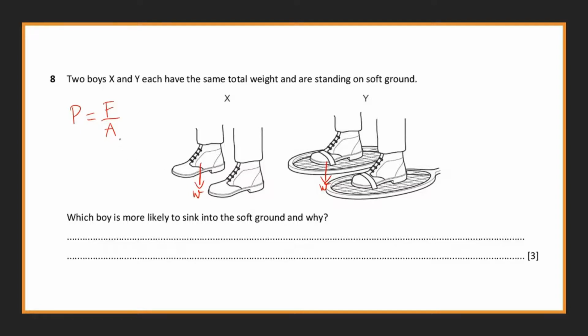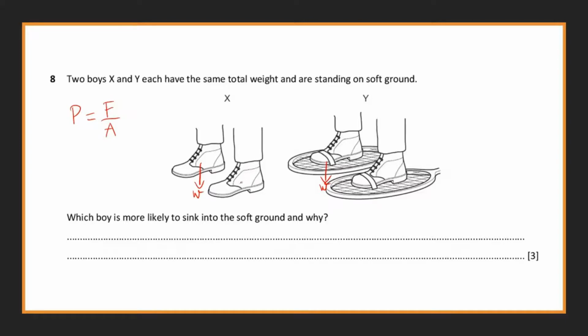The less the contact area between the boy and the soft ground produces greater pressure. Because we know here from the equation that pressure is inversely proportional to the contact area.